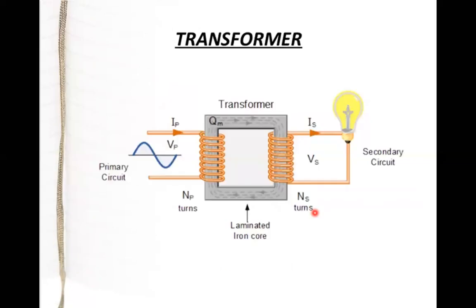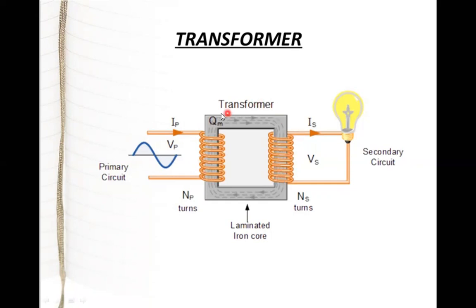Now, if you take two inductors and magnetically place one beside the other, then that forms a transformer. And this is a transformer design, we can say that. So there are two coils. This is one coil and this is a secondary coil. This is called the primary coil, this is called the secondary coil.